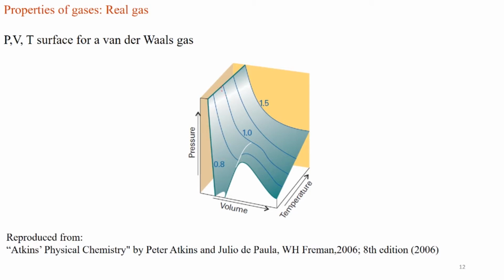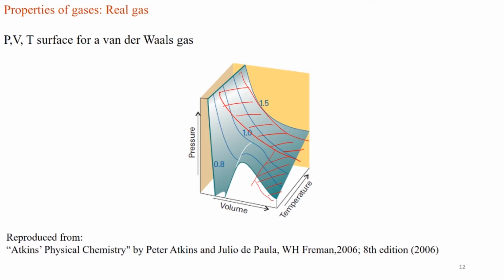As you can see, at the very high temperature regime, this region, the surface more or less looks like an ideal gas surface. This is not surprising because ideal gas behavior is observed at the high temperature limit. Similarly, in the very low pressure regime also, the surface looks very much ideal-like.